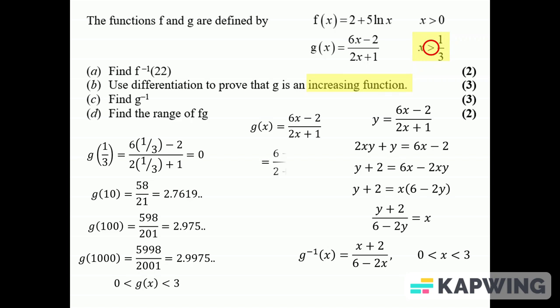You could think about it by saying, if you divide the top and bottom by x, you get 6 minus 2 over x, over 2 plus 1 over x, and the 2 over x and the 1 over x just get closer and closer to 0 as x gets bigger and bigger. Or you could say, if x gets bigger and bigger, you can forget about the minus 2 and the plus 1, because they're small in comparison, and then dividing the top and bottom by x, you get 6 over 2.